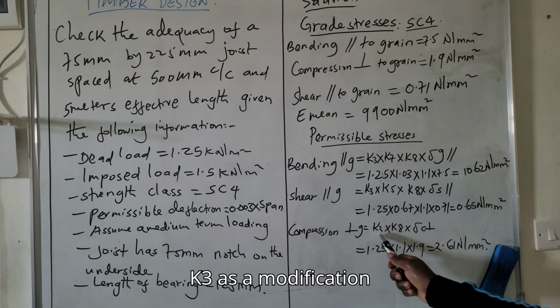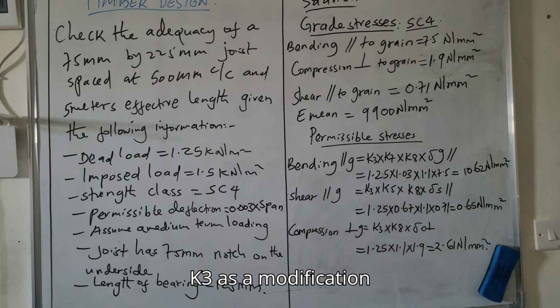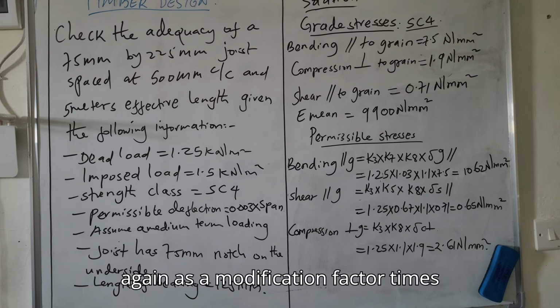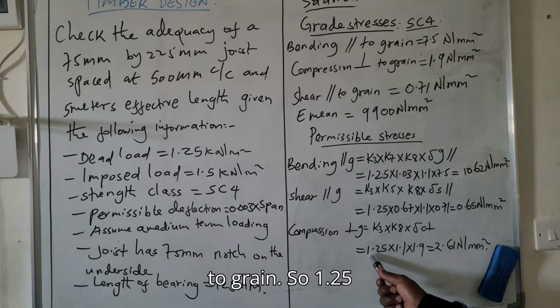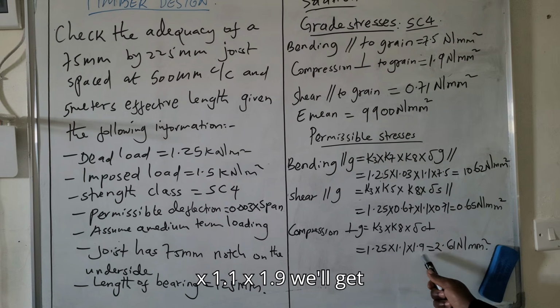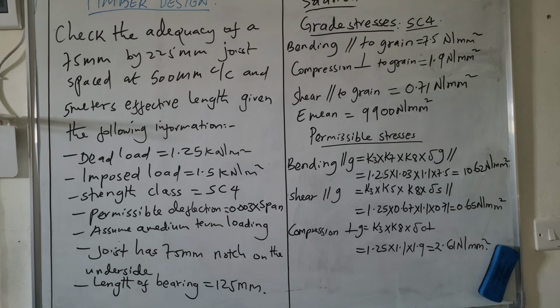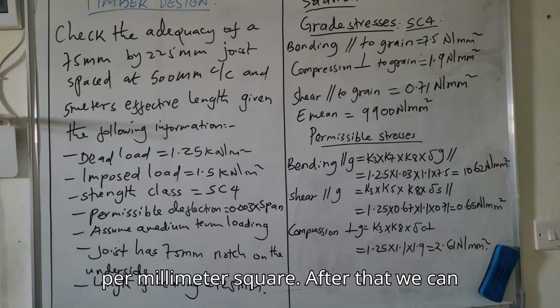Again, we'll have K3 as a modification factor times K8, again as a modification factor, times stresses perpendicular to grain. So 1.25 times 1.1 times 1.9 will get 2.61 Newton per millimeter square.